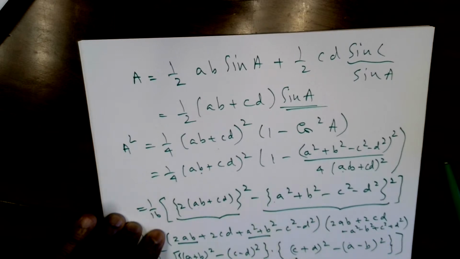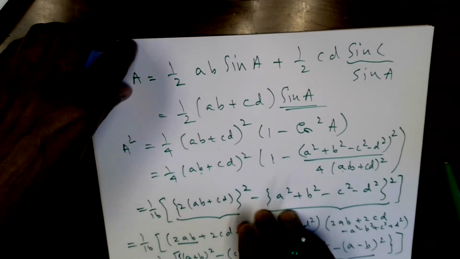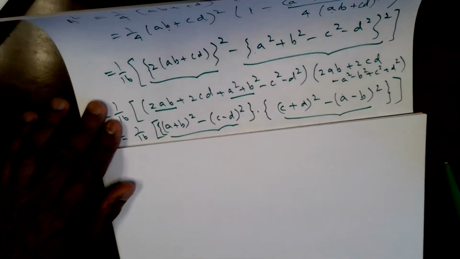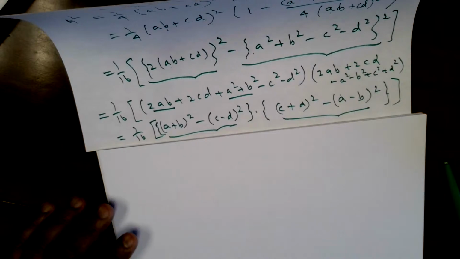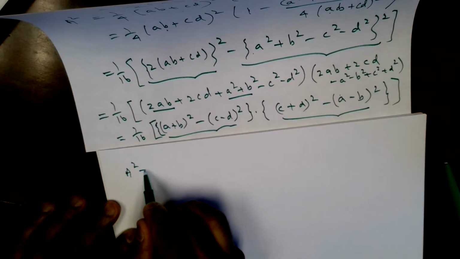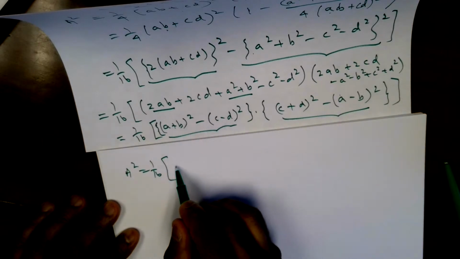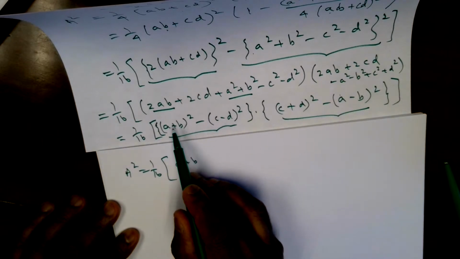So we can do this one more time inside. So you get a squared is 1 over 16. Notice that this will give us a plus two terms.